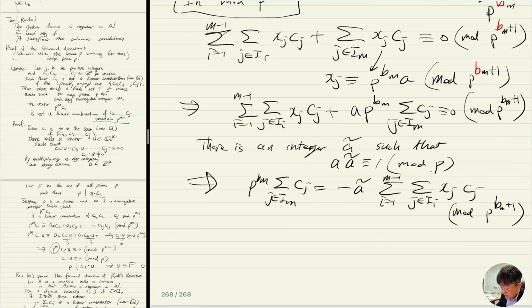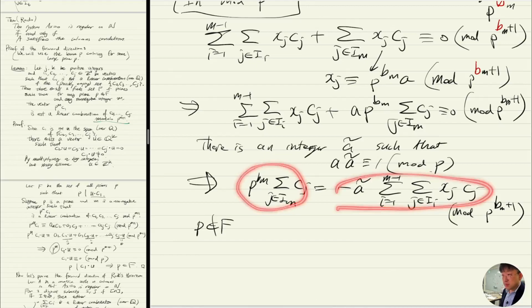Now, p is not enough. This is how we chose it. And this is a linear combination of them. What does that mean?